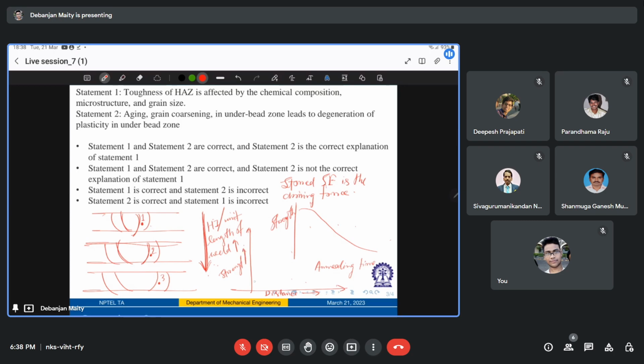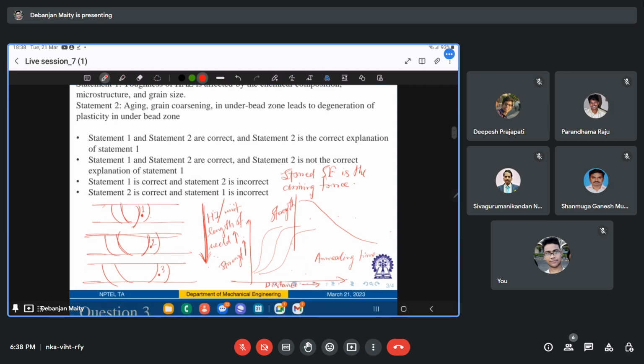So point 1 will have this amount of strength, point 2 will have this amount of strength, and point 3 will have this kind of strength.